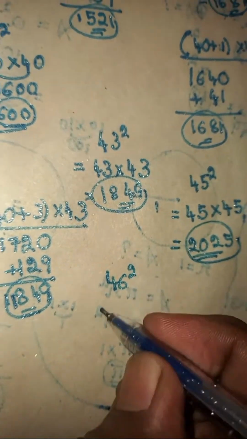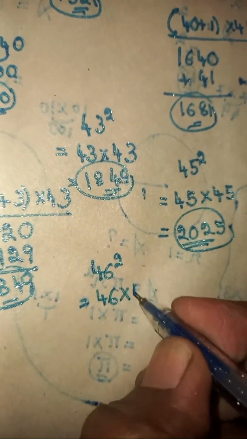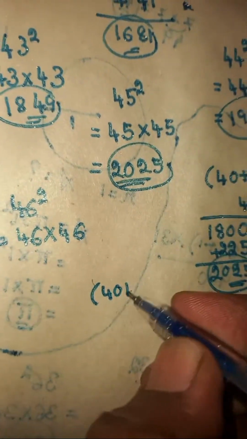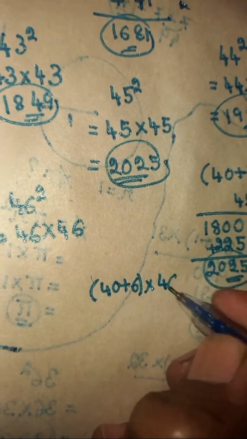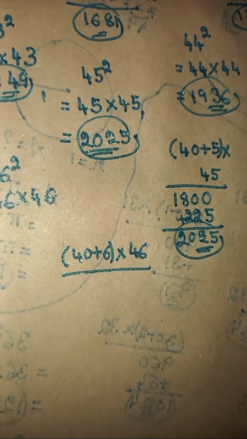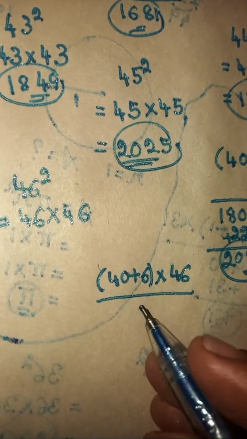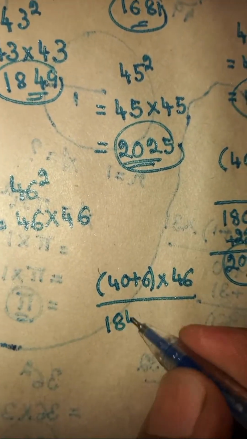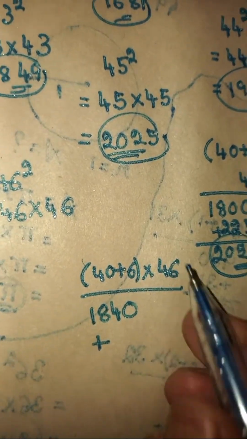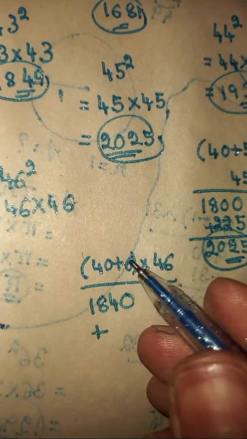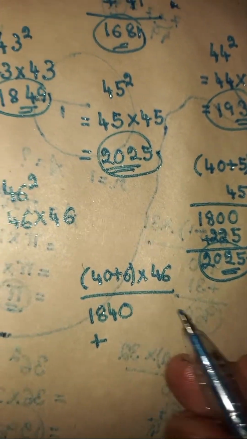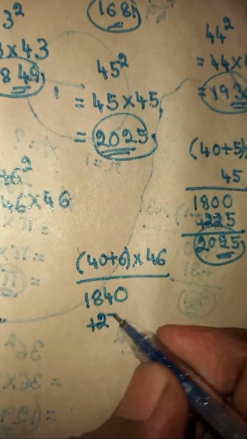Now let's write 46 square. 46 square can be written as 46 times 46. Now you can write it as 40 plus 6 times 46. 46 times 40 is 1840 plus 46 times 6, which is 240 plus 36, 276.